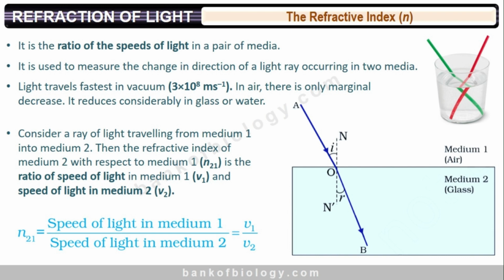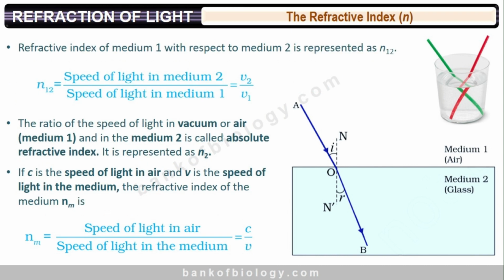Considering a ray of light traveling from medium 1 into medium 2, the refractive index of medium 2 with respect to medium 1, n21, is the ratio of the speed of light in medium 1, v1, and the speed of light in medium 2, v2. Hence n21 equals speed of light in medium 1 by speed of light in medium 2, equal to v1 by v2.